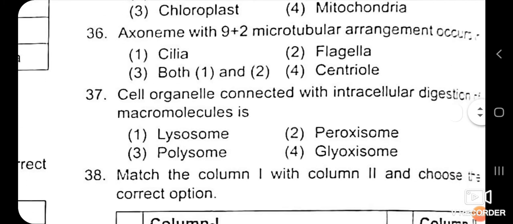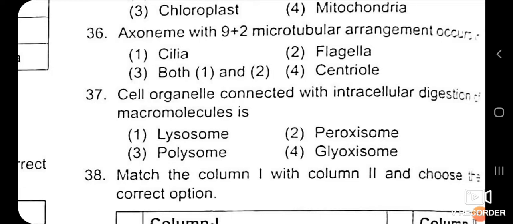MCQ number 36. Axoneme with 9+2 microtubular arrangement occurs in cilia, flagella, both cilia and flagella, centriole.